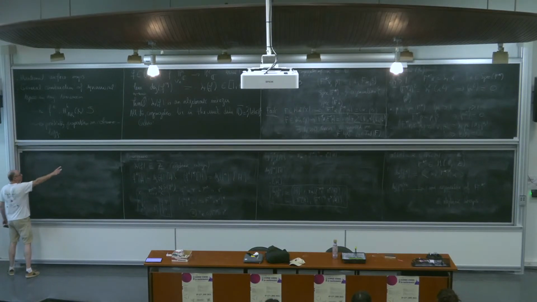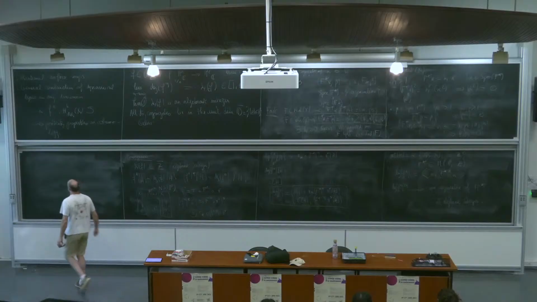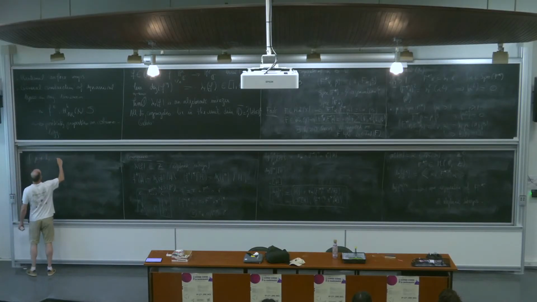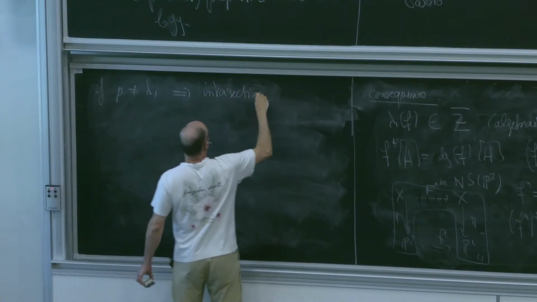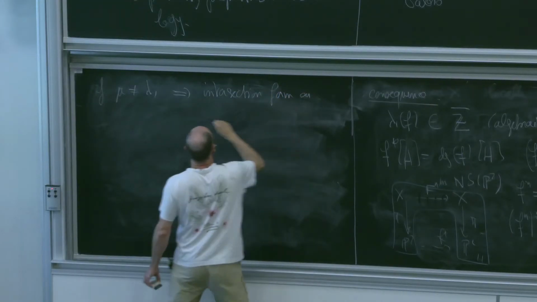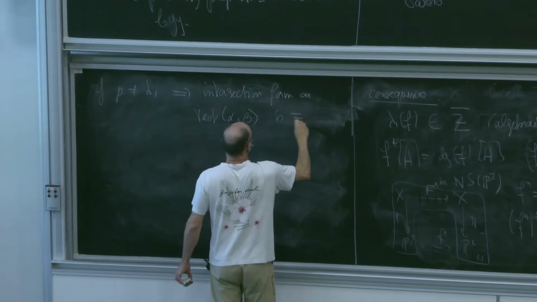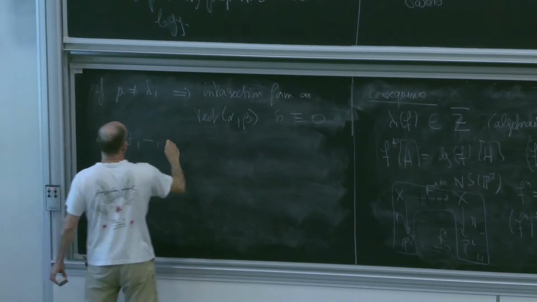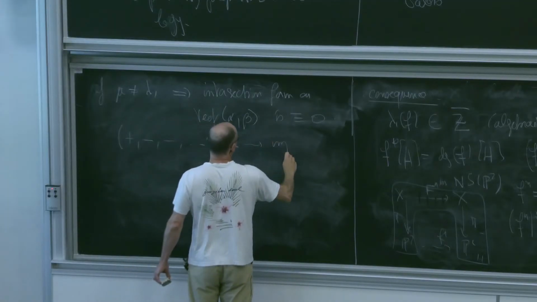Okay, so let me finish the thing. So if mu is not equal to lambda 1, then in fact the restriction of the intersection form on the vector space generated by alpha and beta is identically 0, but my intersection form has 1 plus and only minuses, and so this is impossible.